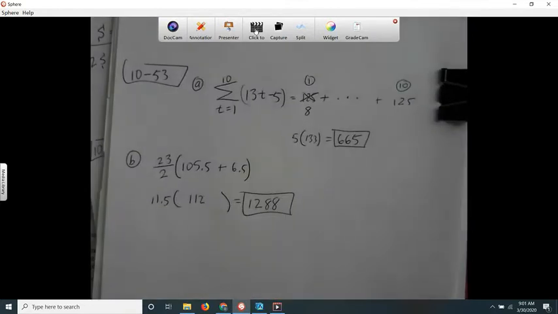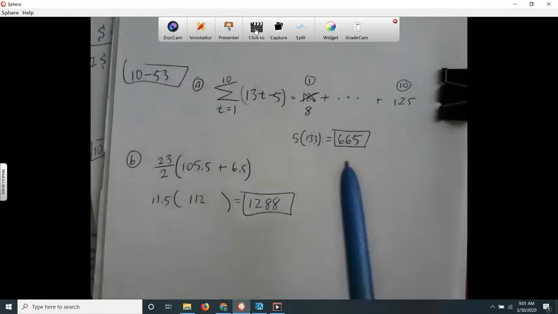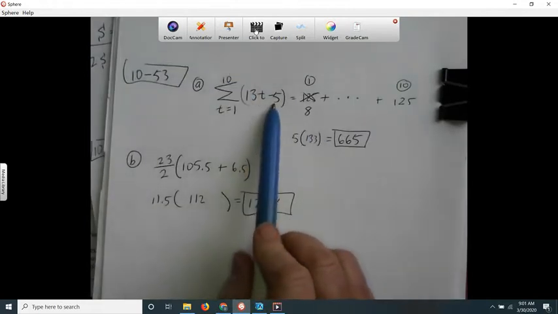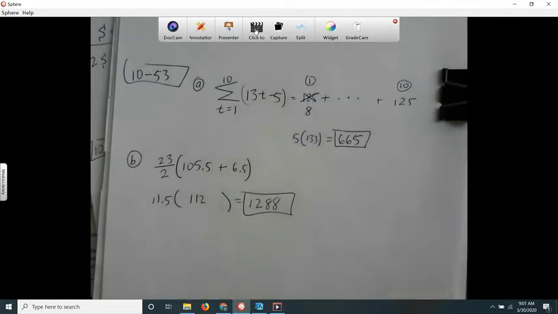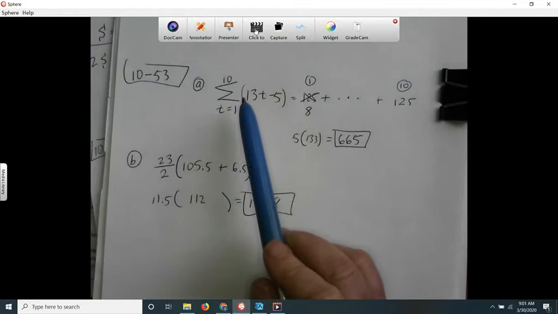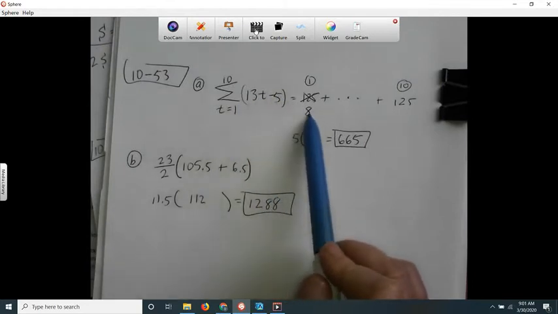So it gives you the sum as t goes from 1 to 10 of 13t minus 5. I could write them all out, and then I could add them all up in my calculator. When t is 1, 13 times 1 is 13 minus 5 is 8.